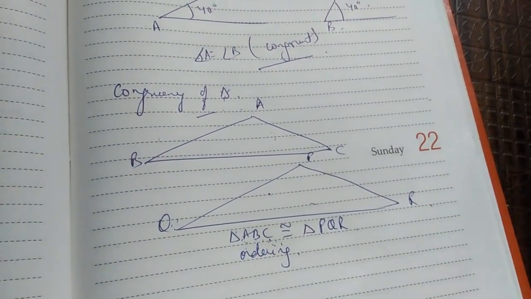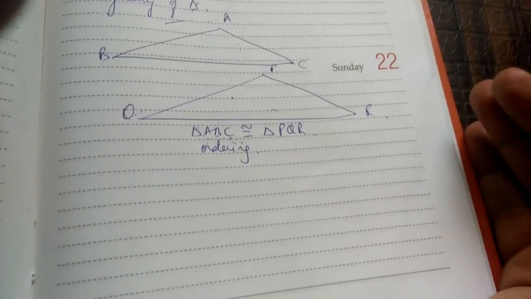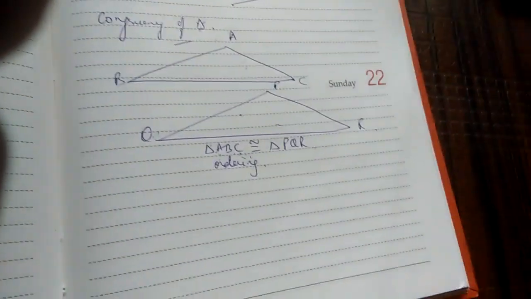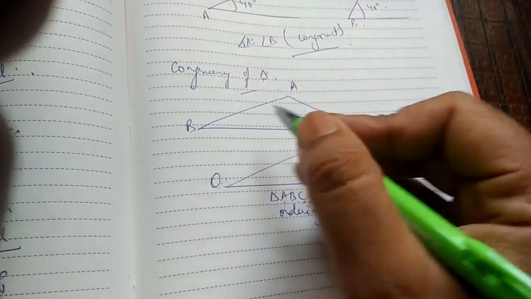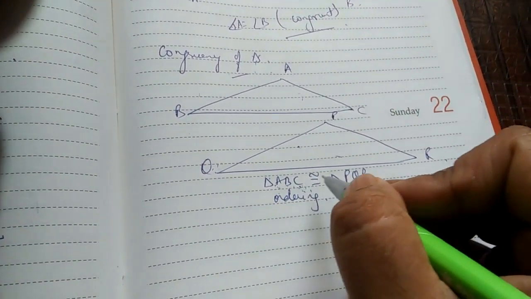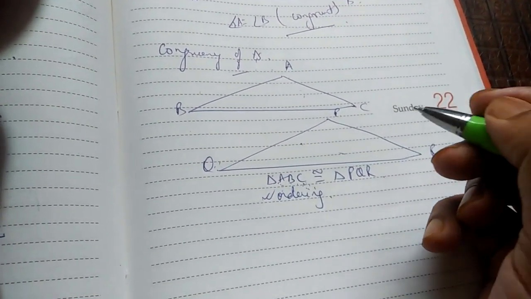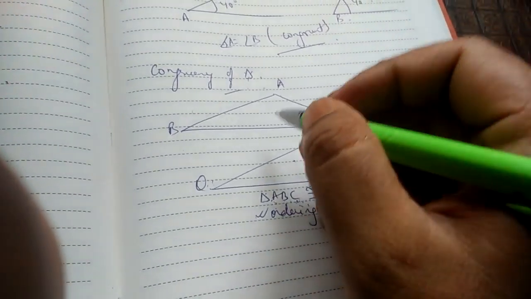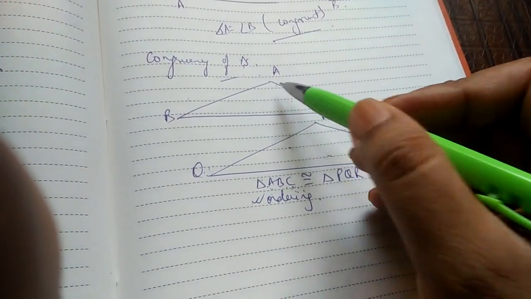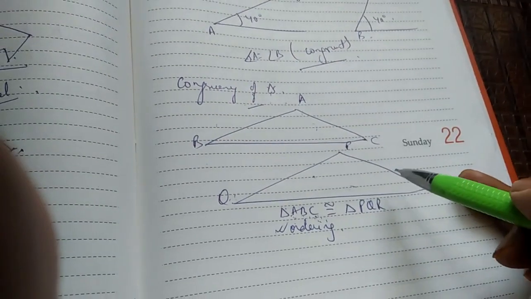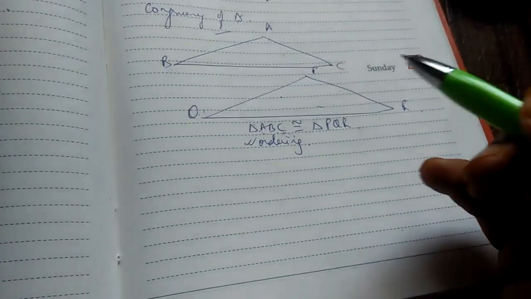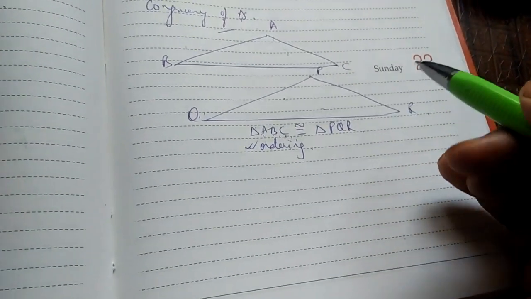Let's say if we rotate it now, triangle ABC and PQR are congruent to each other. Now we will understand what ordering is. If we place ABC on PQR, triangle ABC is congruent to triangle PQR.